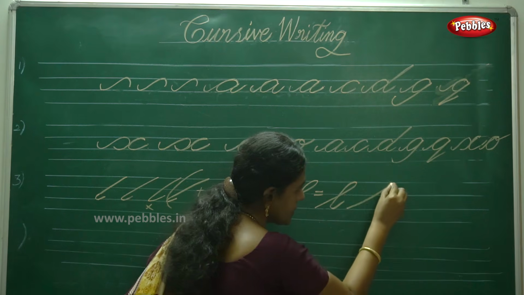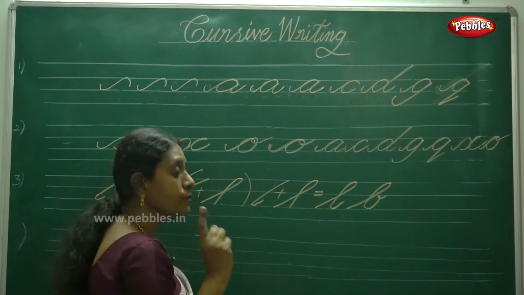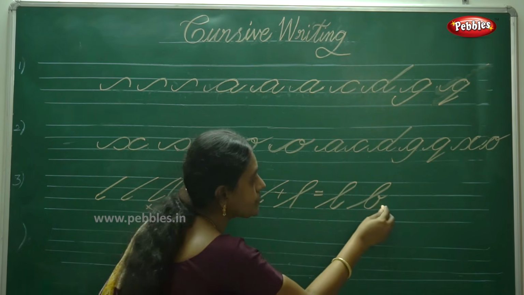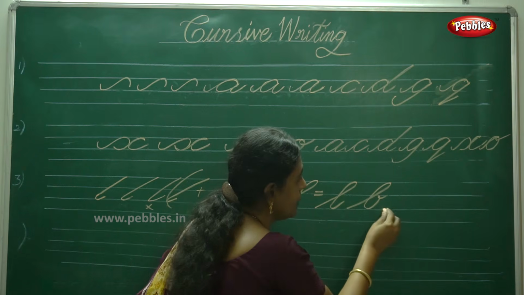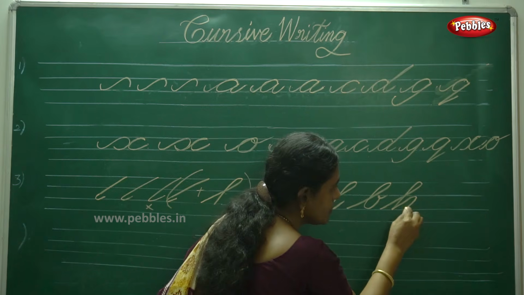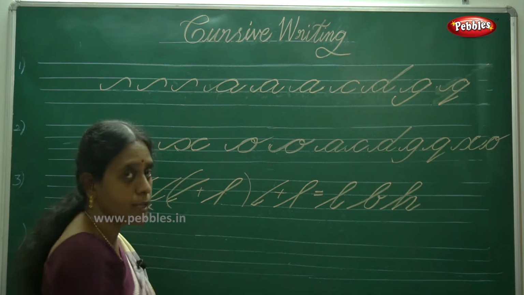Next one is B. So first you have to draw the basic stroke L, B, and again H. Okay, from these basic strokes, understand?